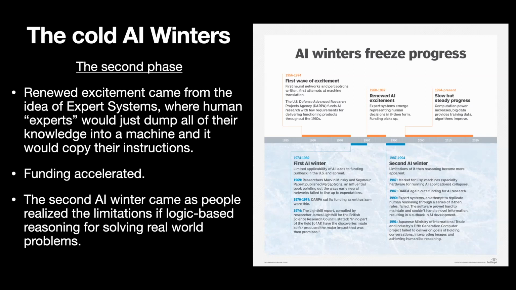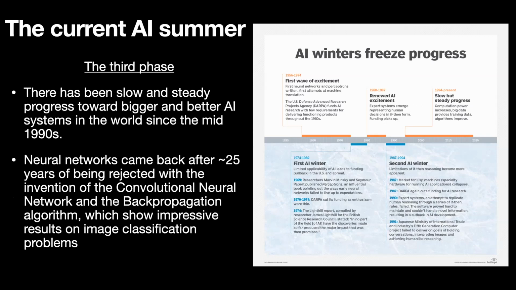It's absolutely crazy. But funding accelerated, and then people realized there were so many limitations with this type of problem solving. And then nobody funded AI research for like 15, 20 years. Or let me see the timeline. It looks like 10 years.